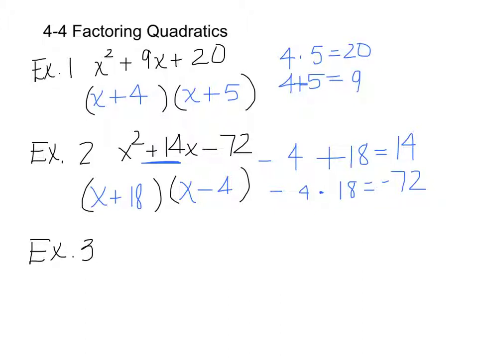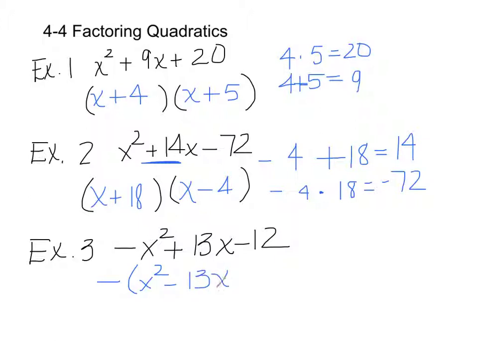Now sometimes you may see something like this where the x squared has a negative. And what we're going to do is factor out a negative. So when you factor out the negative, you're basically dividing everything by negative 1. But you have to show your factor. And now we're looking for two numbers that multiply to give you 12, but add to give you negative 13.